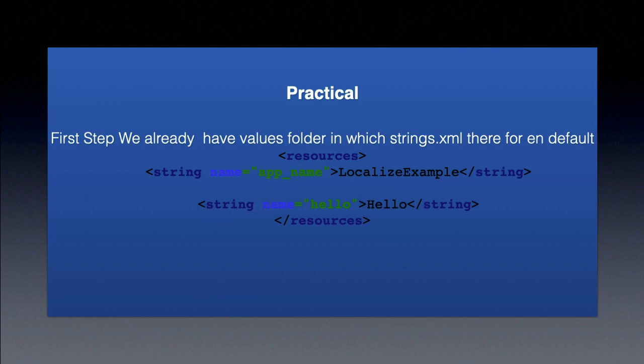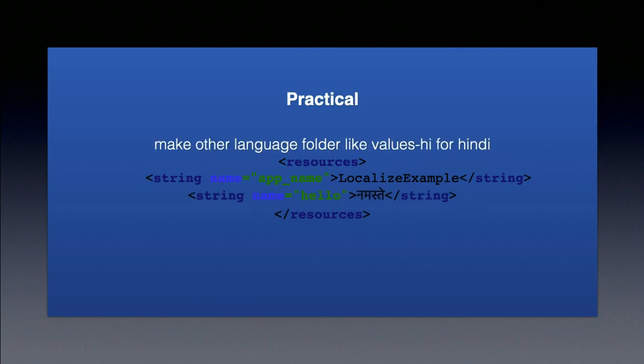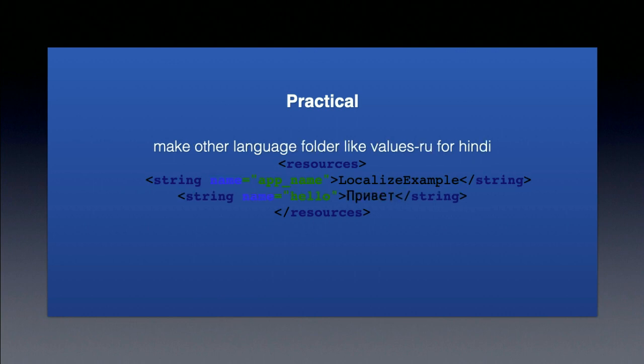Okay, so for the first step, this is our values folder, and there shall be the default hello. If you want to go for Hindi, you make a values-hi folder, and under the strings you change whatever you have in English into Hindi, just like hello is converted into Hindi as namaste. The same thing is converted into Russian if you work with RU.